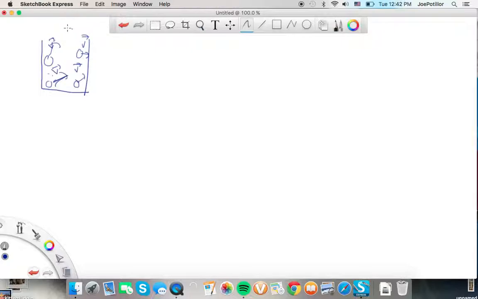Every single molecule will collide with the container at some point, or crash into it, something like this. So at this point, this is the container wall, or whatever it is. And this is the molecule.